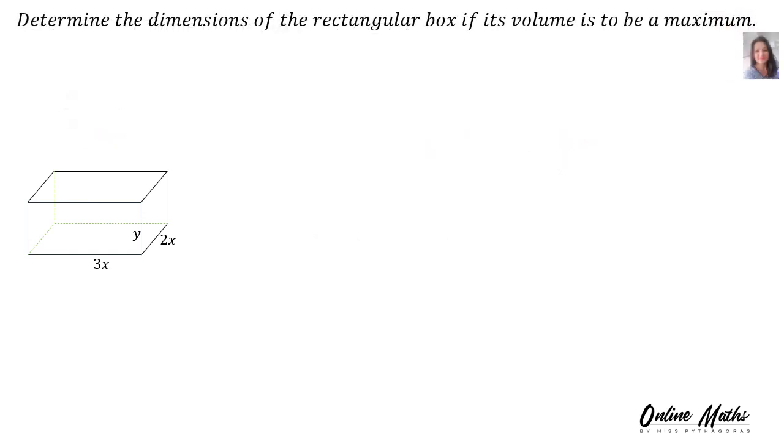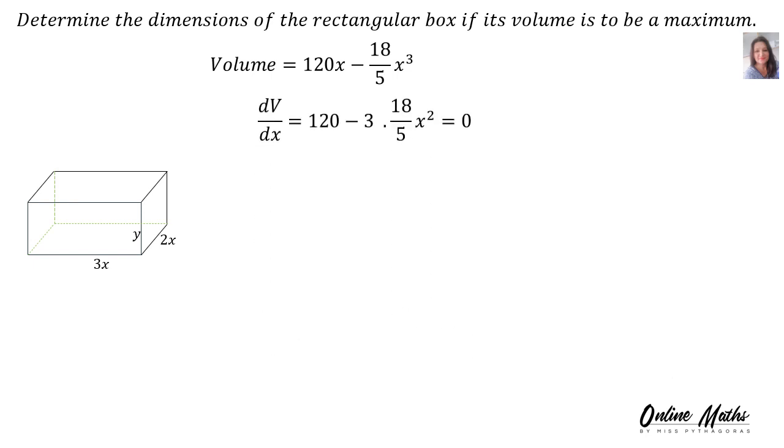Now the question wants us to determine the dimensions of the rectangular box if its volume is to be a maximum. So from the previous slide, we know this is the volume, and maximum, minimum, find the derivative, equate to 0.